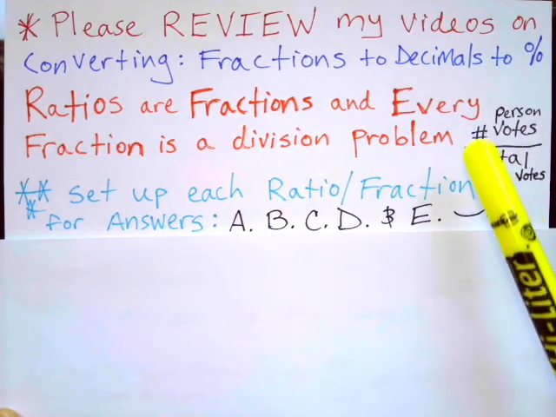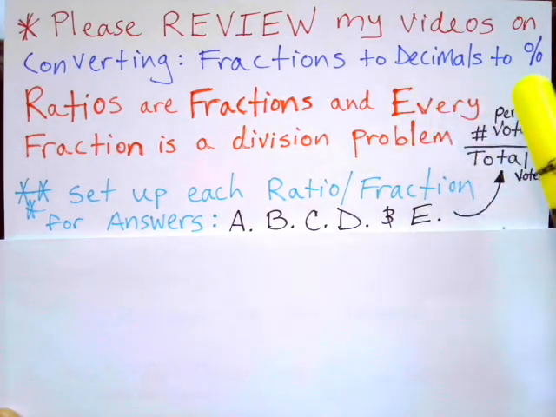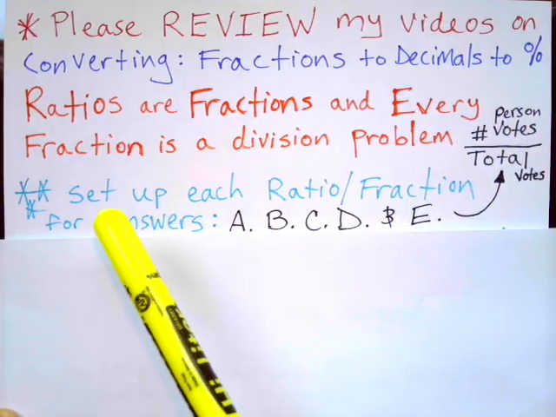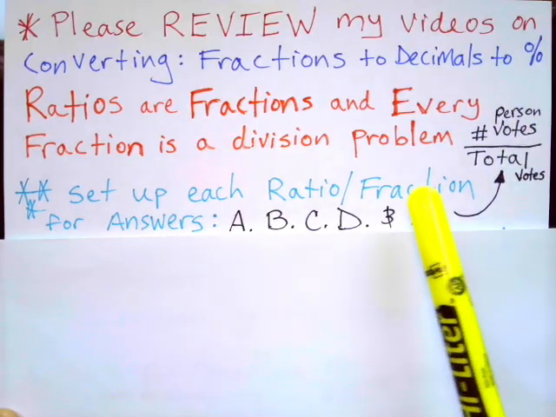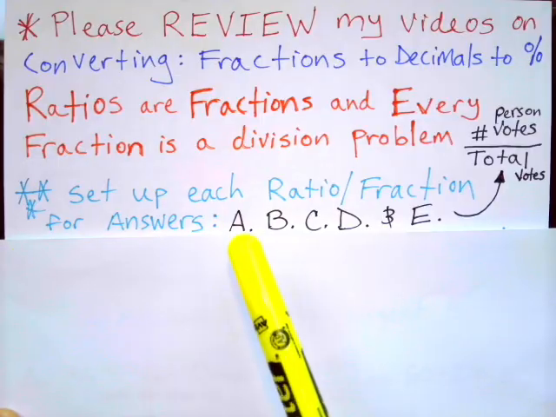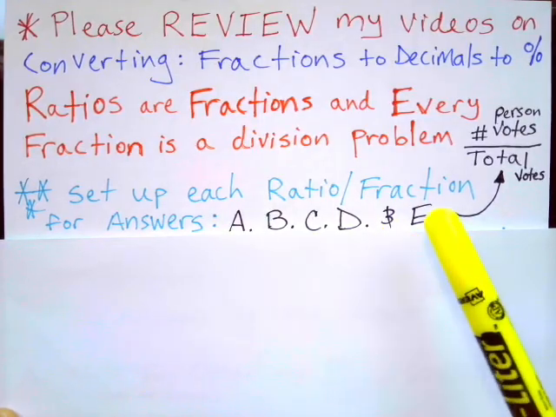So we're going to create a fraction, convert it to a decimal, and then convert it into a percent. So set up each of your ratio fractions for each answer.